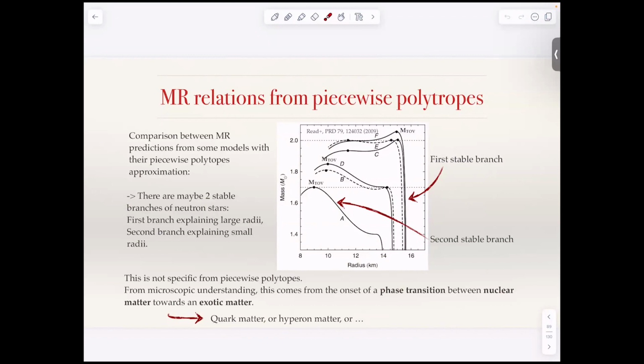To give a more precise answer to your question, you should look at hydrodynamical simulations. But more or less, if you want to translate it in terms of hydrostatic solutions of general relativity, this is what happens. You have to exclude in the second branch the region that corresponds to another radius for the same mass.